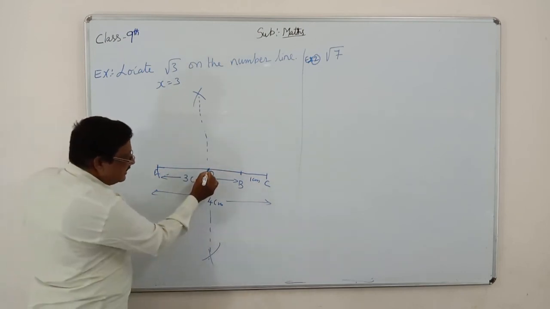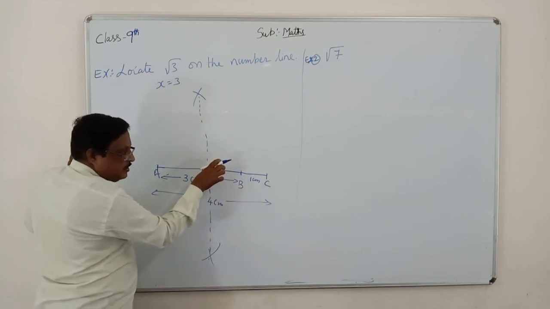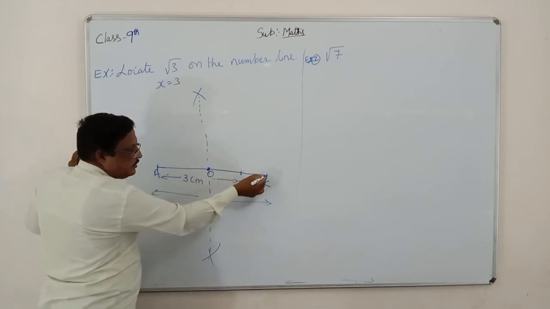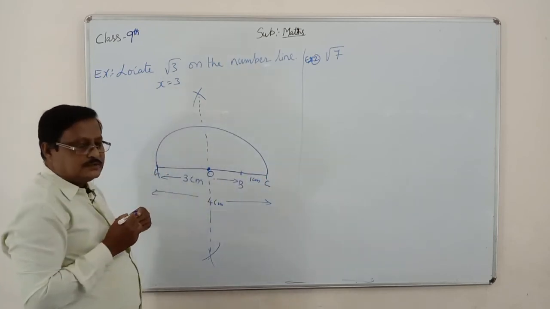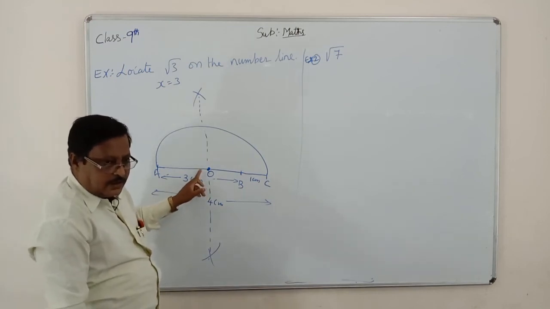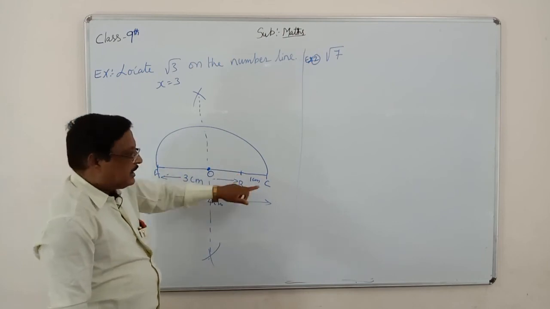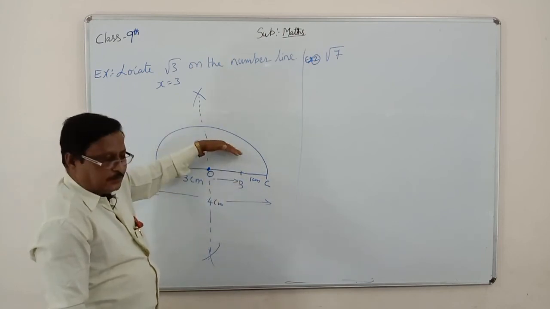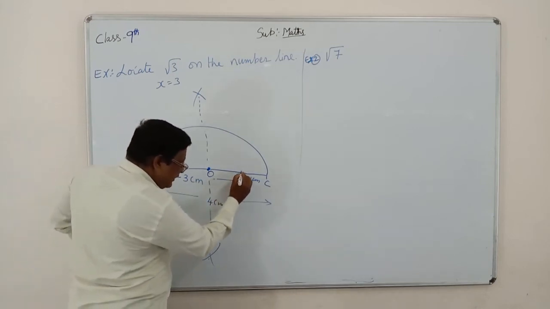Taking O as the center and OC, or OA, as the radius, you draw a semicircle here upward. This is the semicircle.